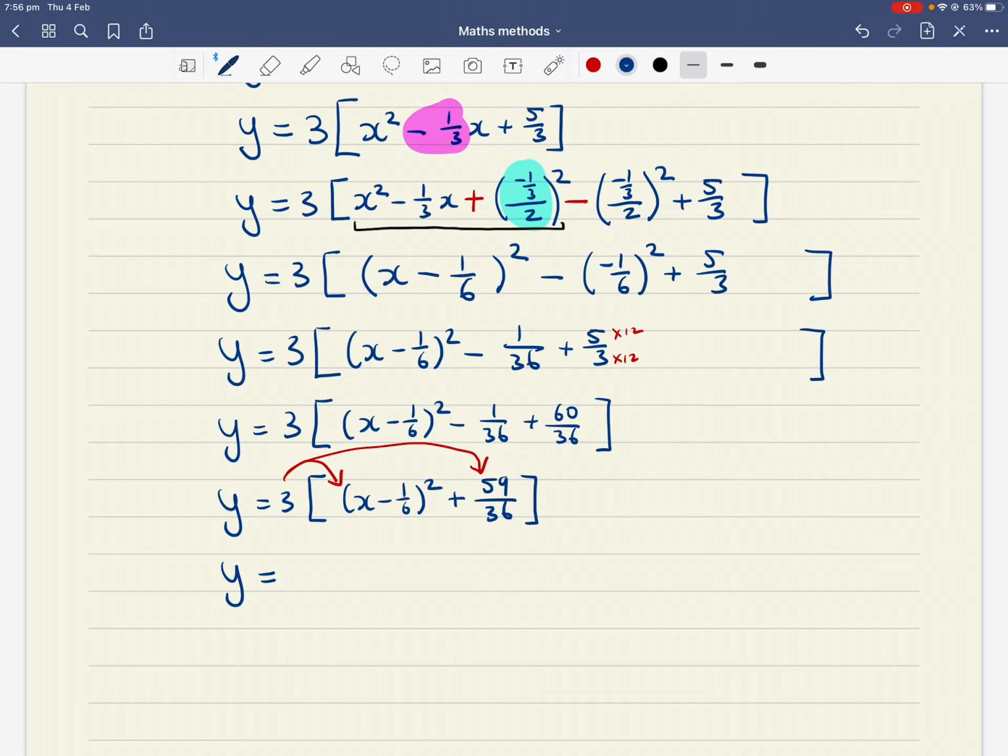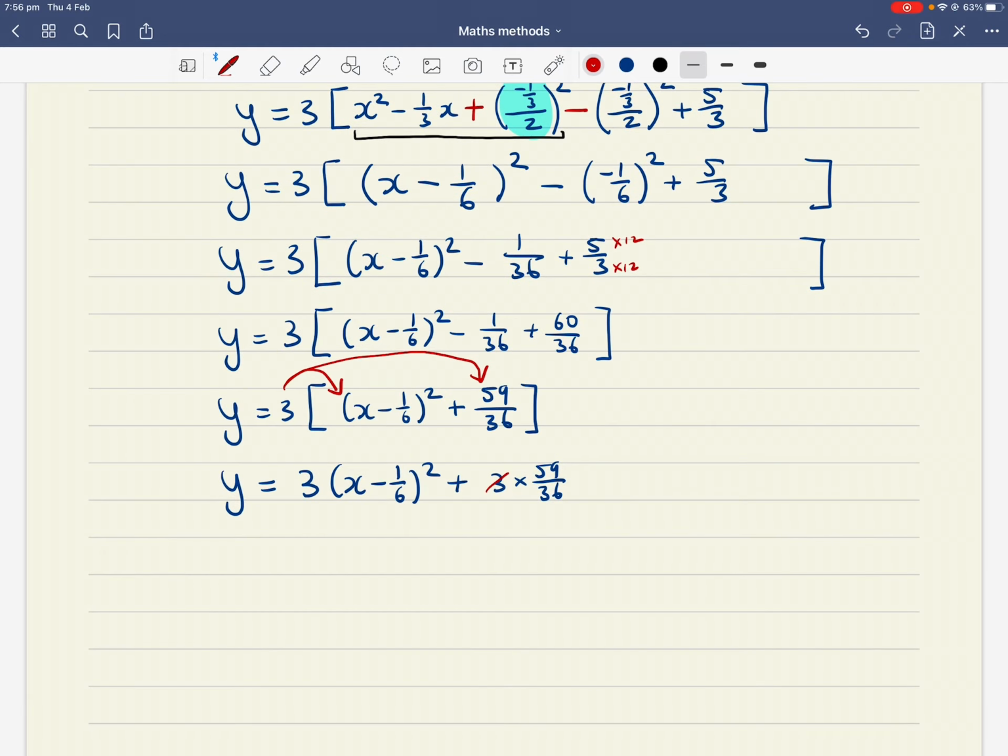So that gives us y equals 3 outside of x minus 1/6 all squared plus 3 lots of 59 on 36, which we then can simplify because the 3 and the 36 cancel. 3 goes into 36 12 times. So we get y equals 3 outside of x minus 1/6 squared plus 59 over 12.